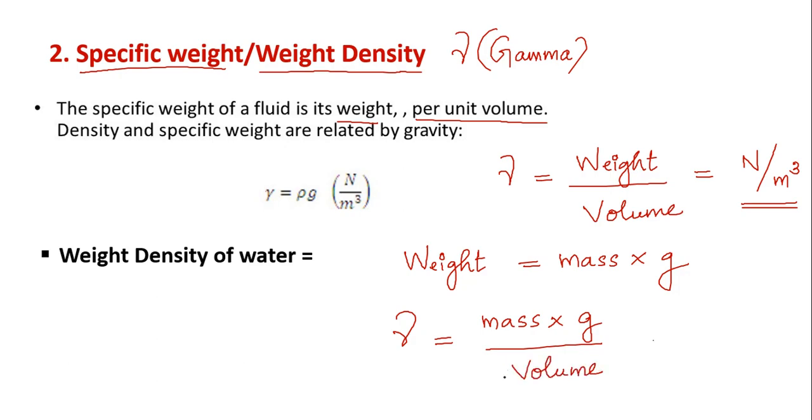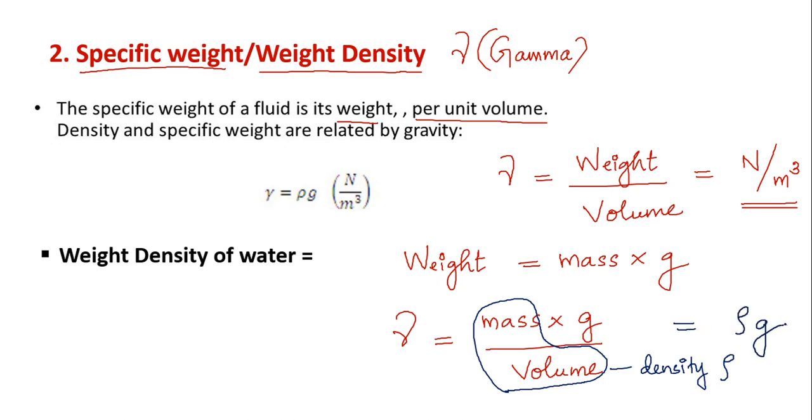mass into acceleration due to gravity divided by volume. So here, this mass by volume is nothing but density rho. So we can write gamma as rho into g. Gamma is equal to rho into g. Now we will calculate weight density of water.